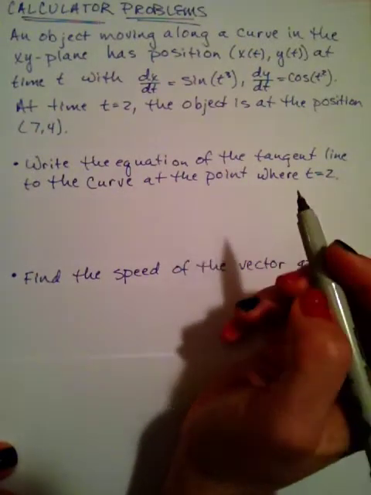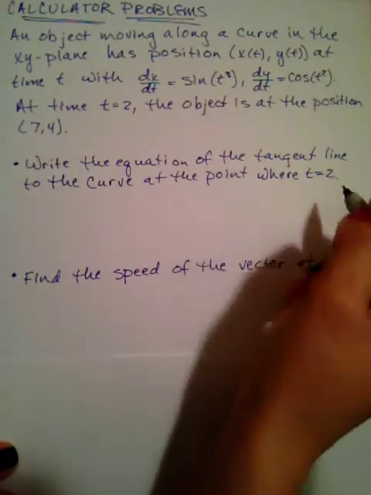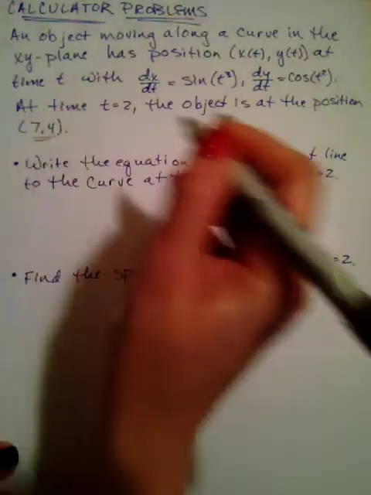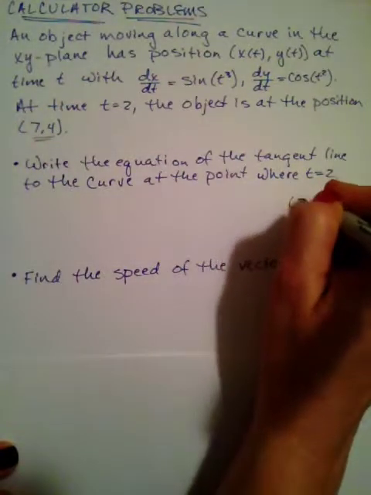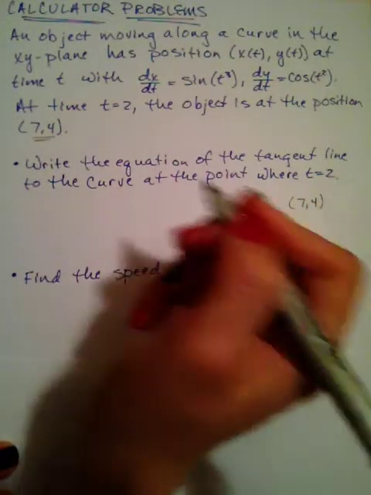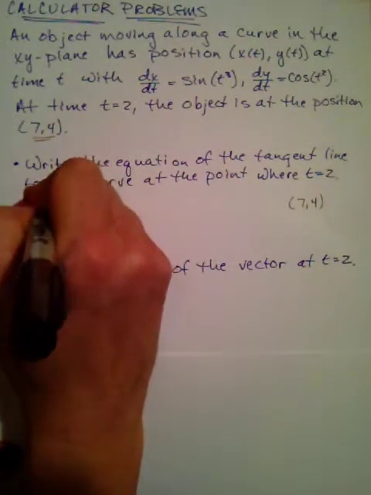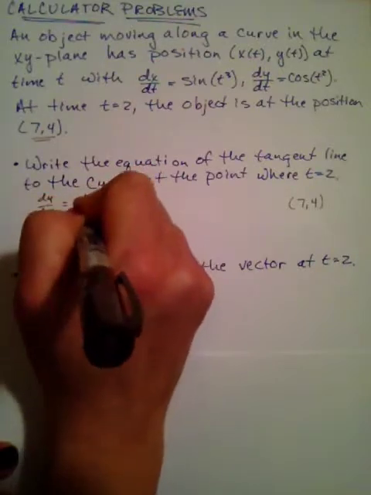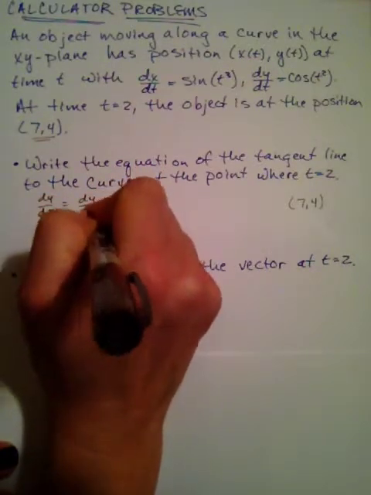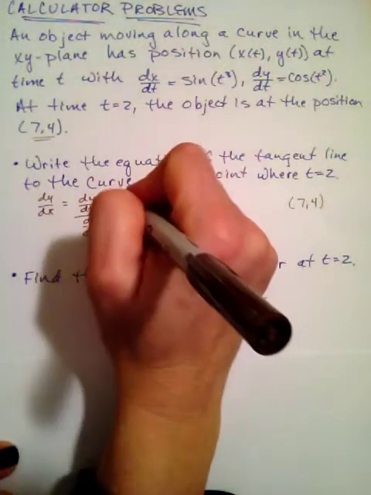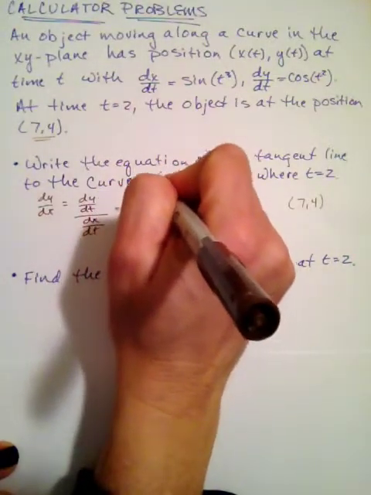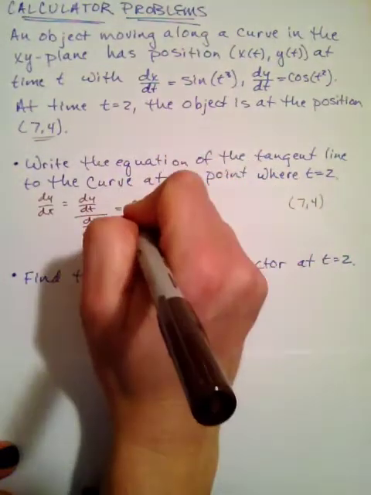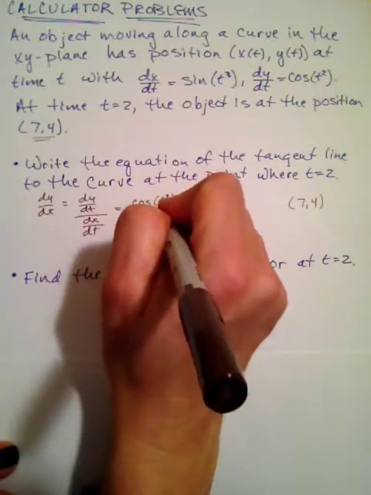But to get the tangent line, we need a point and a slope. At t equals 2, we have a point. We know that our point is 7, 4. To get our slope, we know that dy dx equals dy dt divided by dx dt. Our dy dt was given to us as cosine of t squared, and our dx dt is sine of t cubed.